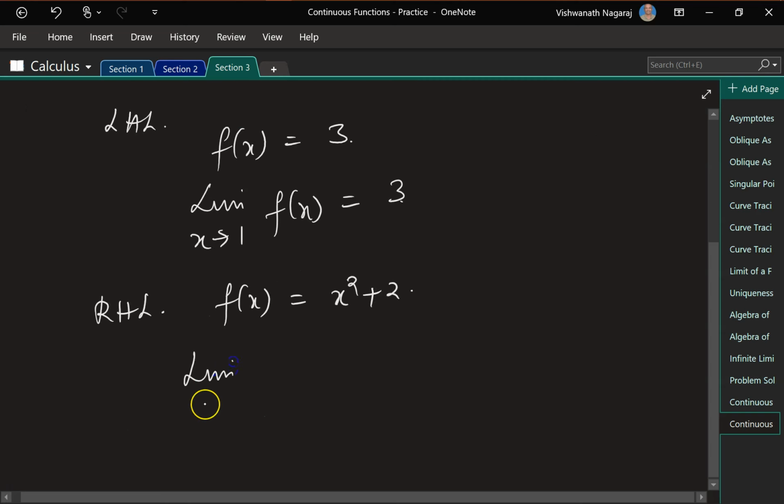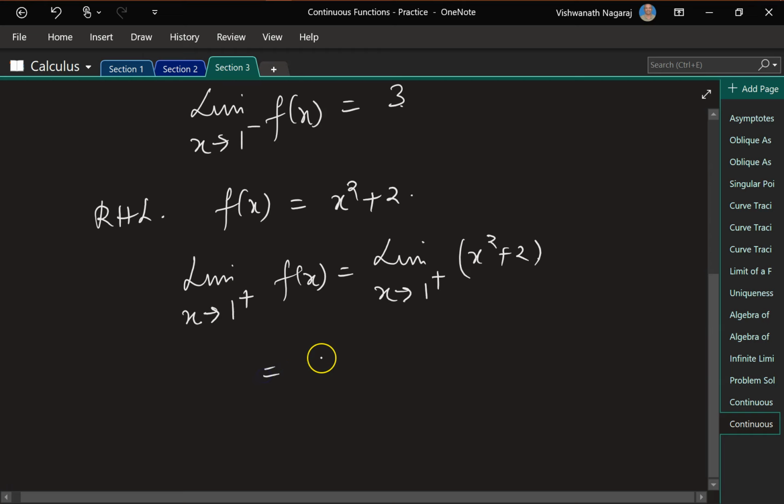Now limit as x approaches 1 from the right hand side of f of x is equal to limit as x approaches 1 from the right hand side of x square plus 2.